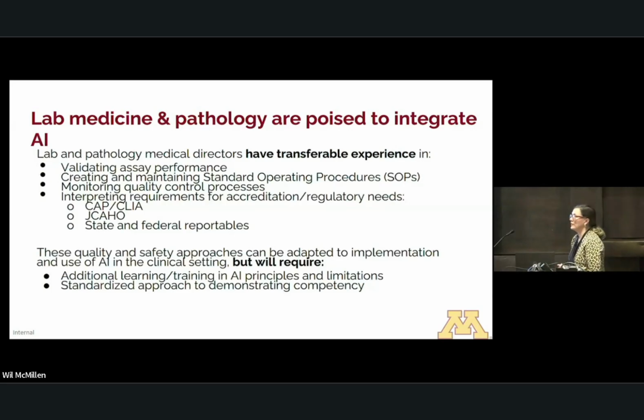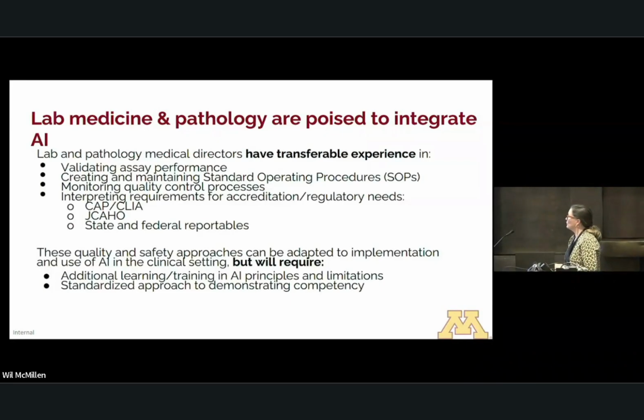We already have a robust regulatory framework. We already have a framework for validating our assays and our processes, and for challenging them with unknowns, and for monitoring for safety. And so I do think that the skills that you have today as a pathologist at a laboratory, and especially if you're already involved in directorship or leadership, are going to be transferable to the era of AI.